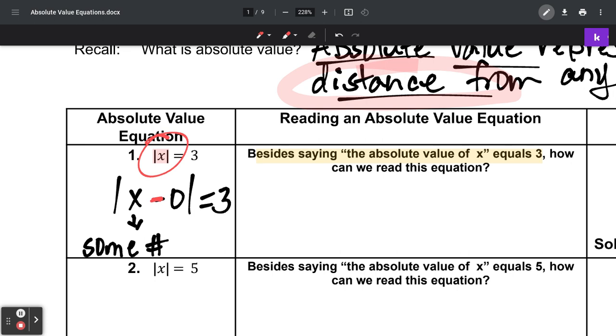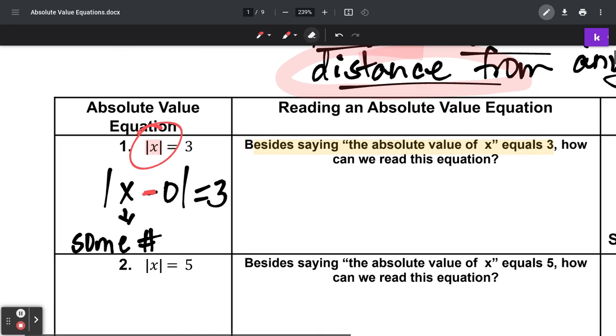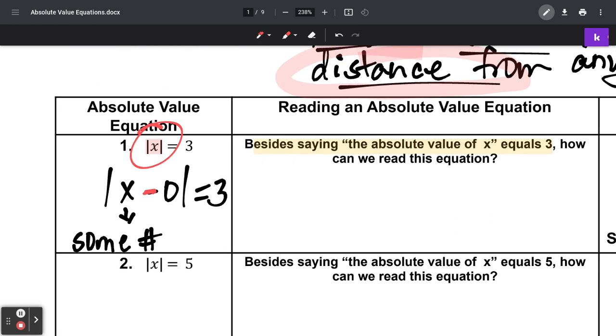But whenever you just see the variable, it leaves the 0 off, because if we say 5 plus 0, we don't leave it as 5 plus 0. We just say 5, or 5 minus 0. We don't have to have the 0. We just can write 5, okay? So if you say x minus 0, we just go with x. You don't need the 0. So that's why you only see the absolute value of x.